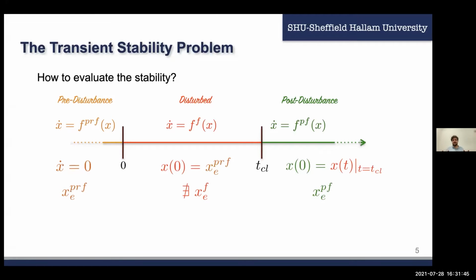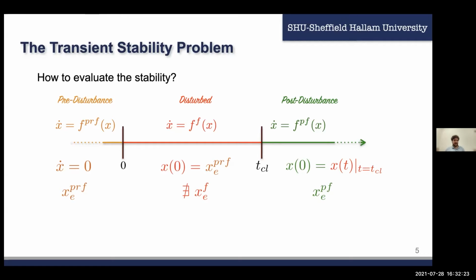The disturbed system doesn't have an equilibrium point, but its initial solution will be the equilibrium point of the pre-disturbance system. For the post-disturbance system, we assume that it has an equilibrium point, though we don't know if it is the same as the pre-disturbance one or not. Its initial solution will be the solution of the disturbed system at the clearing time. So they are coupled together.